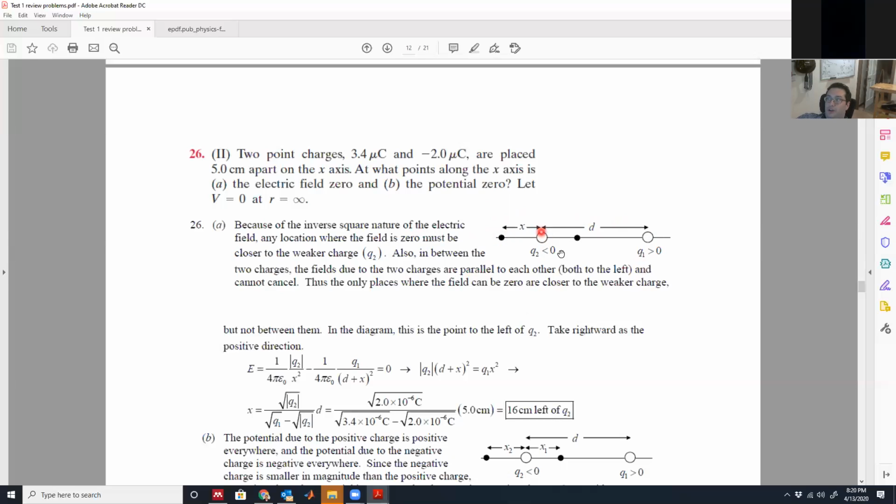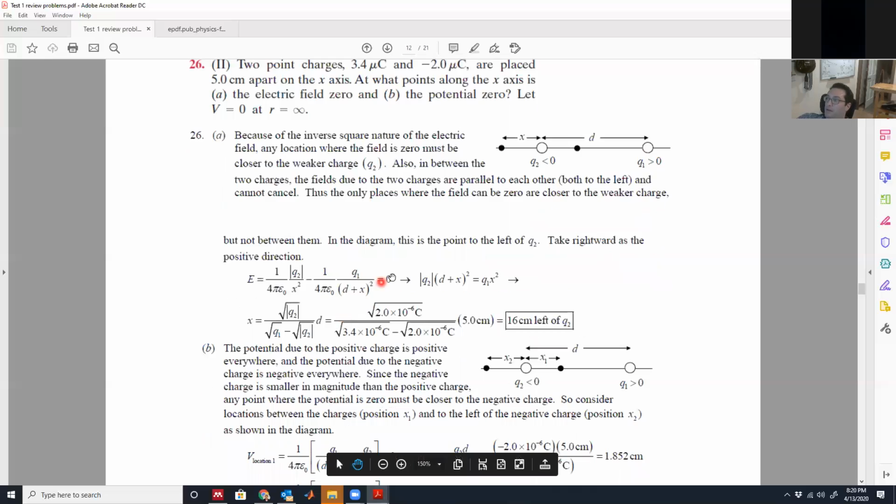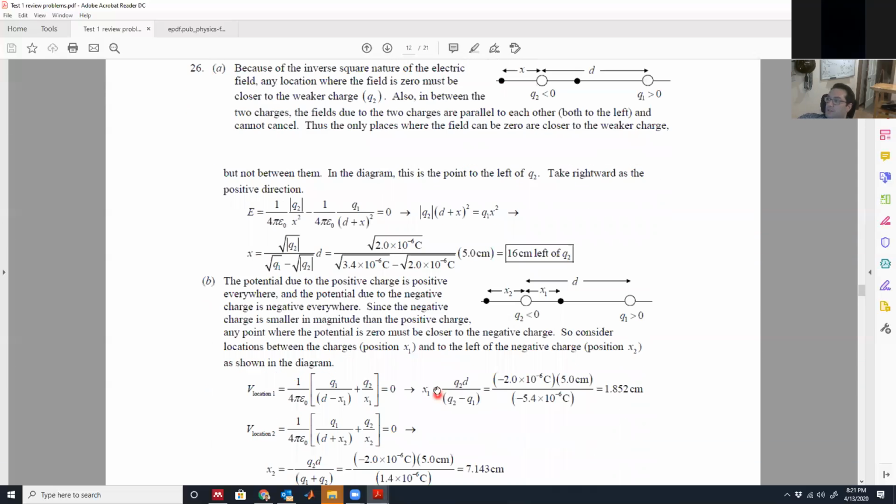It doesn't occur in the middle, and it doesn't occur on this side because of the magnitudes of these two forces, right? And to find out where it's zero, we just set these two electric field components to zero, and then we find where that distance is. And that's all she wrote for this problem.